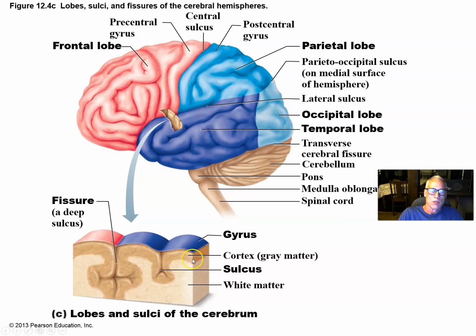And in order to create more space for more neurons, more processing power for the cerebrum, the surface is made up into lots of inward infoldings. Folds that produce more surface area. And that's what these ridges, these gyri are. And so each sulcus is part of that folding structure. There are some places where there's a much deeper separation, as between the hemispheres, called a fissure.